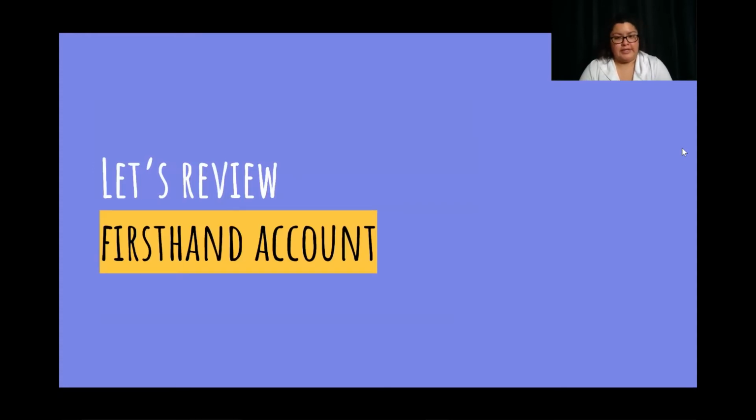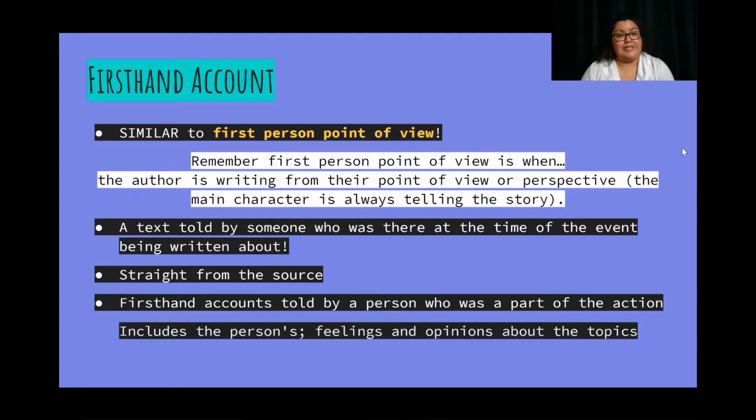Talking about secondhand account, we need to first go over firsthand account. You went over this yesterday with Miss Holman. This is actually information that was pulled from her presentation. So just as a review, firsthand account is similar to first-person point of view. And if we remember, first-person point of view is when the author is writing from their point of view or perspective, and the main character is usually telling the story.